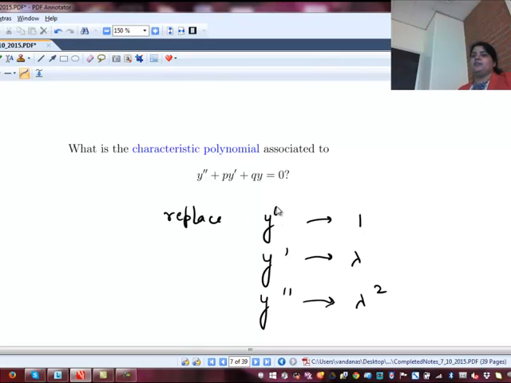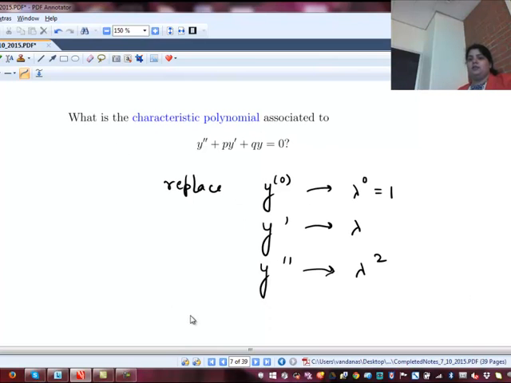So you are treating this as a zeroth derivative, so you get lambda to the power 0, which is 1. If it's y triple prime, you replace by lambda cube, and so on. You get a polynomial, you solve for all its roots, and you get functions e to the power of that which satisfy this differential equation. So the polynomial here is lambda square plus p lambda plus q.